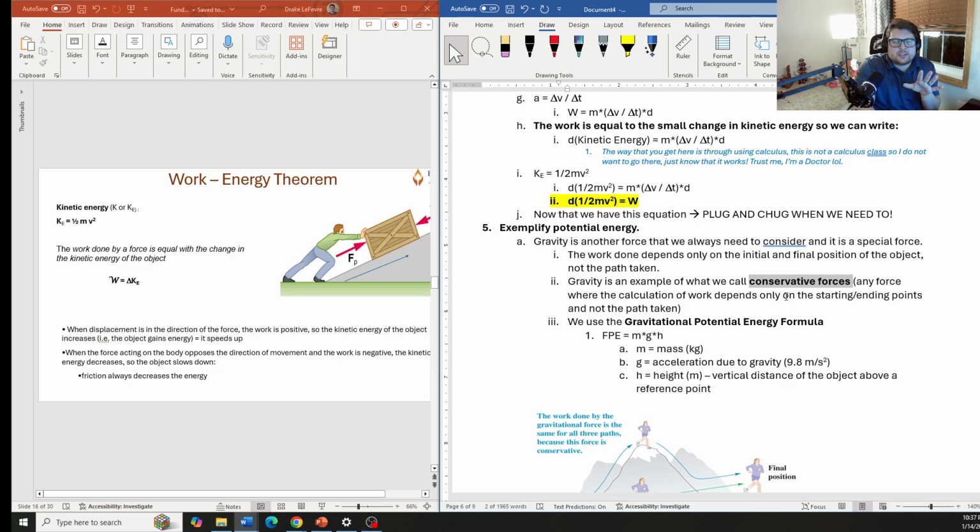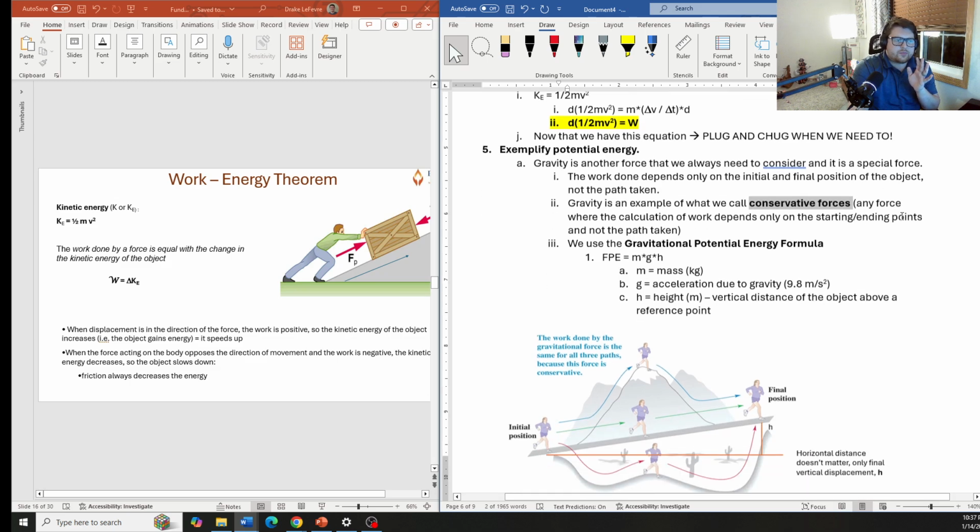I guarantee you this is going to be a test question. Gravity is a conservative force, which means that it is a force where the calculation of work depends only on the starting and the ending points and does not take into account the path taken to get there.